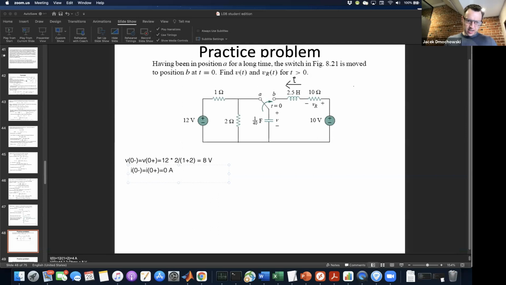And the only thing I'll point out is that when this switch flips, so now let me draw this because this is maybe less clear. Now let's look at time equals 0 plus.